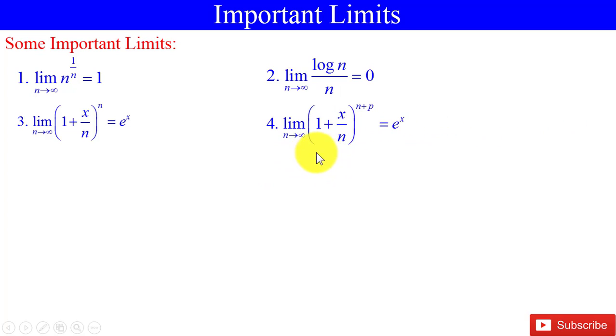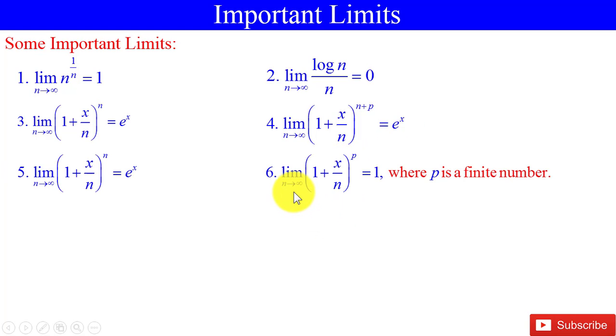Limit n tends to infinity (1 plus x by n) whole raised to the power n plus p is equal to e raised to the power x. Limit n tends to infinity (1 plus x by n) whole raised to the power p is equal to 1, where p is a finite number.